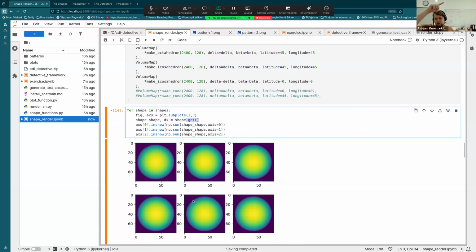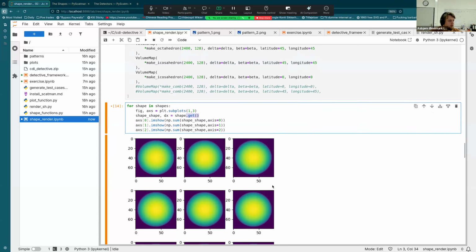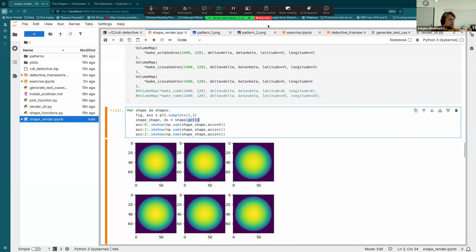What is soft here is that there's a transition from the helium delta and beta parameters, which I've just used for everything, into zero. So you don't see this here.